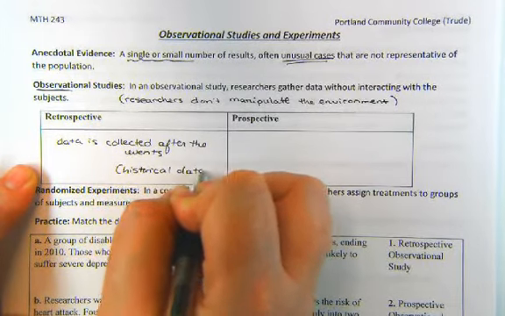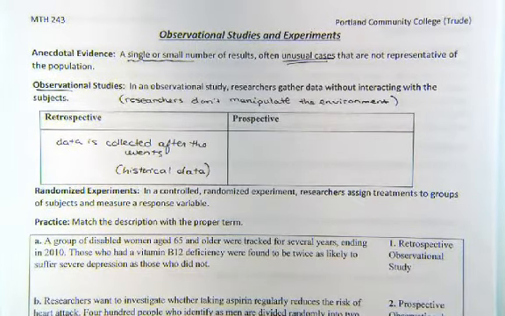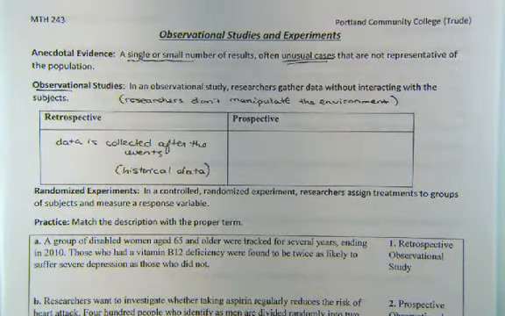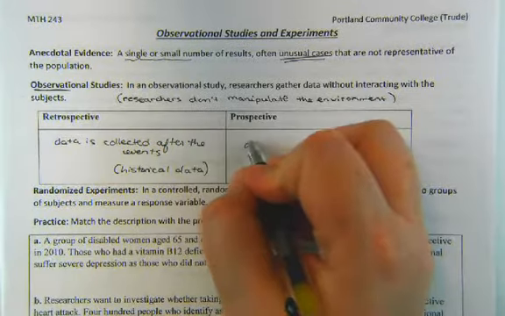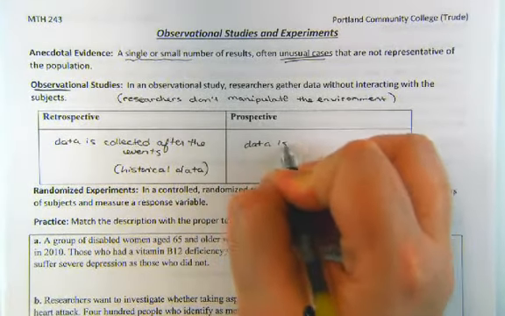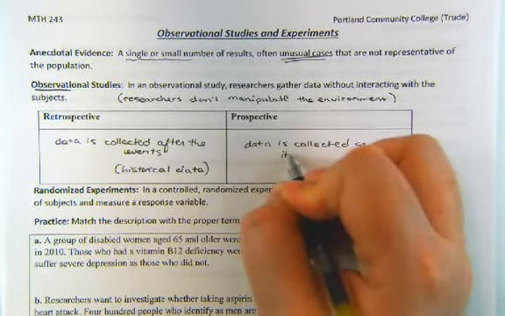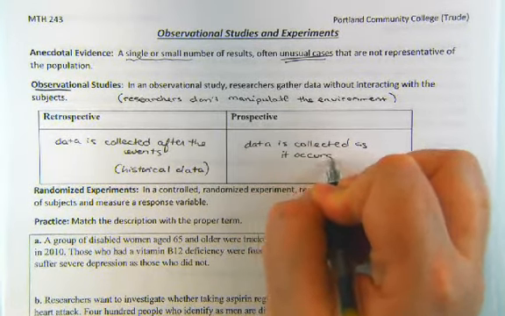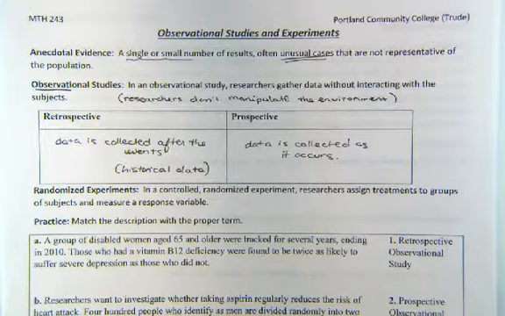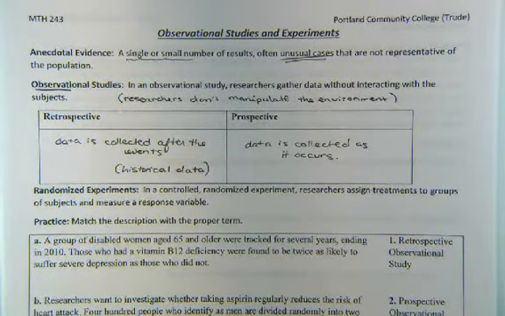And then prospective is where the data is collected as it's occurring. Collected as it occurs. So with both of these, the researchers aren't changing anything, they're just recording what's happening naturally. With this it's already happened. Here it's happening at the time, but again they're just recording it down.